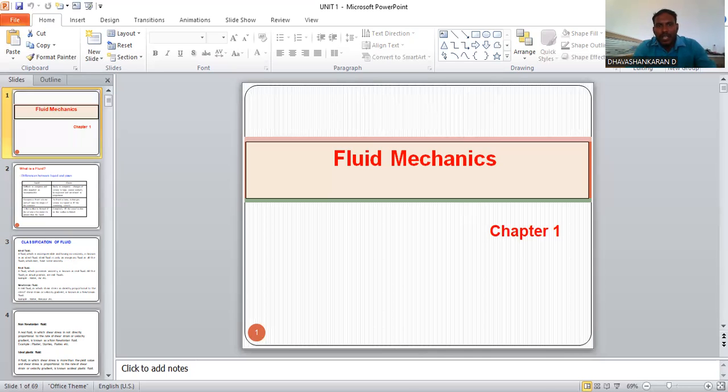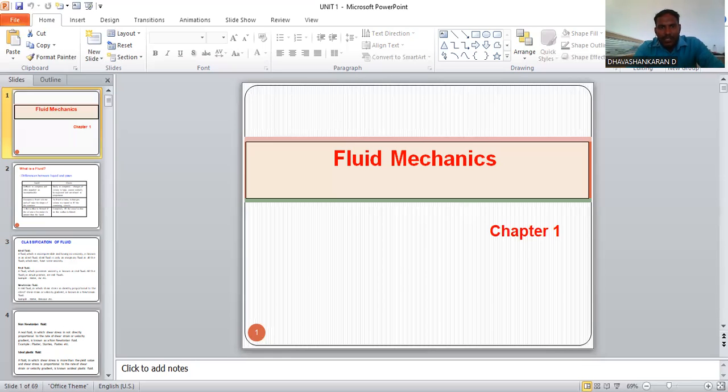The first thing is density. How do we calculate density? It is the mass of the fluid divided by its volume. The numerator is the mass of the fluid and the denominator is the volume.